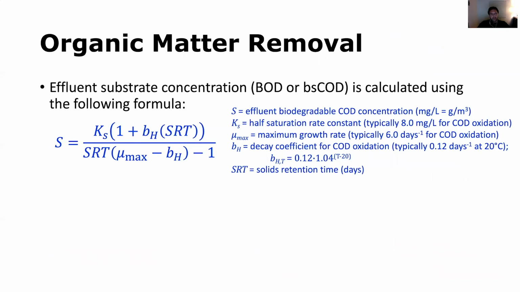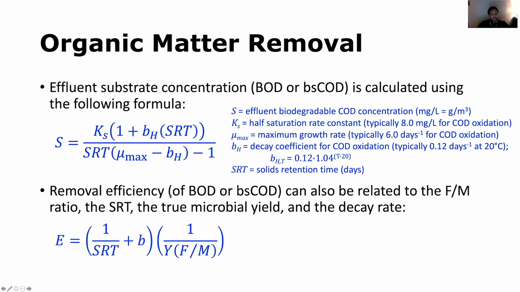All right, for organic matter removal, the effluent substrate concentration, BOD, or biodegradable soluble COD, is calculated using the following formula, which again was derived in the previous slide as one of those master equations for the activated sludge process.